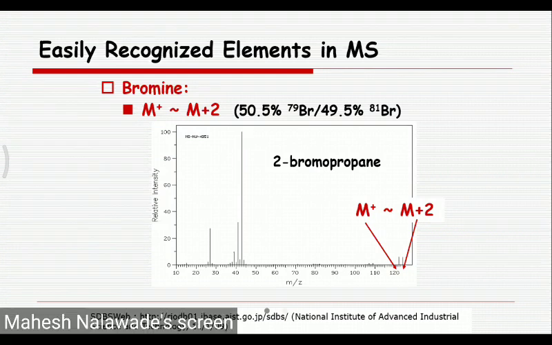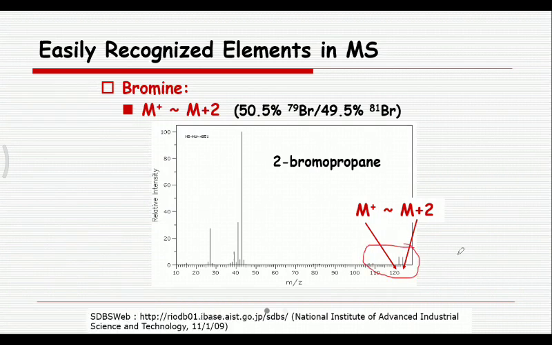This is because of bromine 79 and bromine 81. The peak intensities here are almost the same. In the case of chlorine, the intensities will be 3:1.